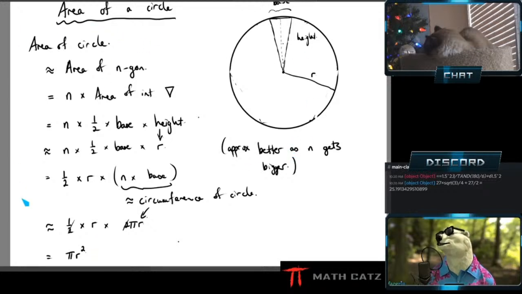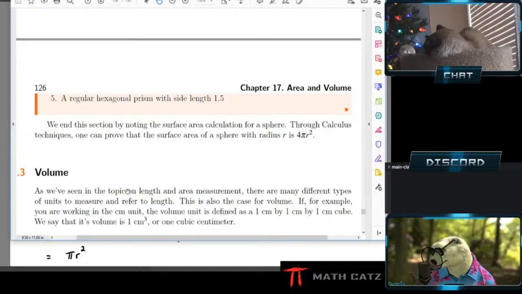You can use a similar argument, but in a three-dimensional way, to approximate or derive the surface area of the sphere, the ball, by approximating it with the surface area of the regular polyhedra inside, and then letting the number of faces increase.